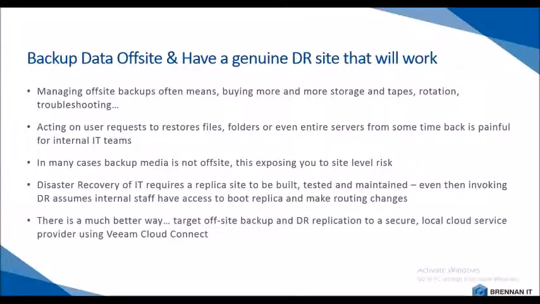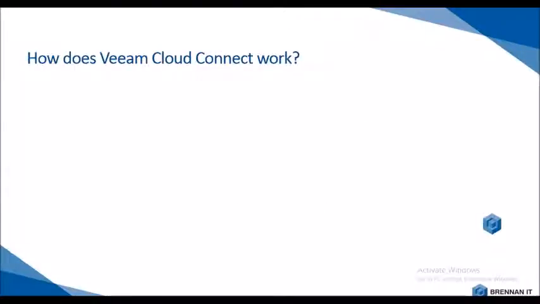So having an independent party do that for you sort of makes sense. And this is where we introduce the concept of targeting backup and disaster recovery replication to a secure local Australian-based cloud service provider using Veeam Cloud Connect.